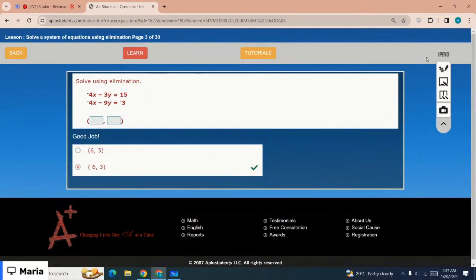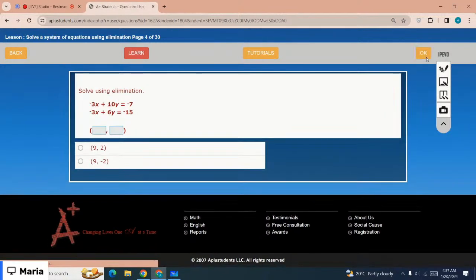Got it? Yes, very good. That is option number 2. Okay, solve using elimination. Negative 3x plus 10y equals negative 7 and negative 3x plus 6y equals negative 15. Which is the correct option?